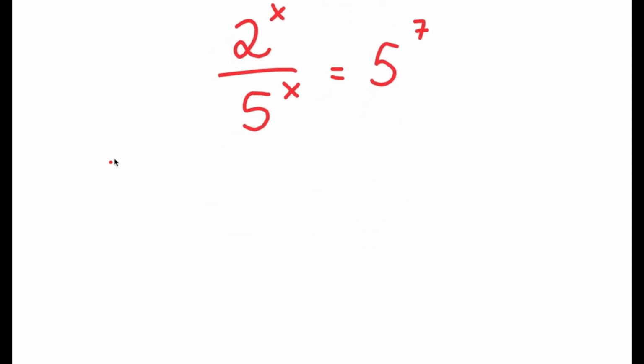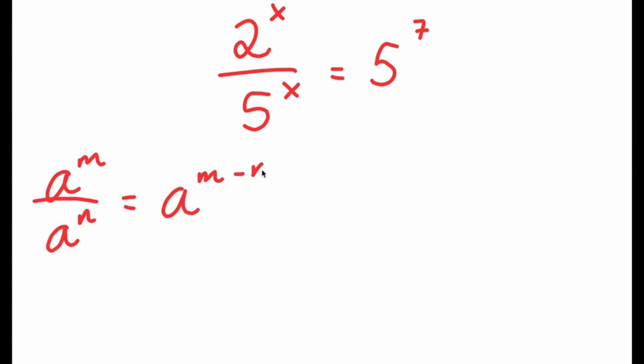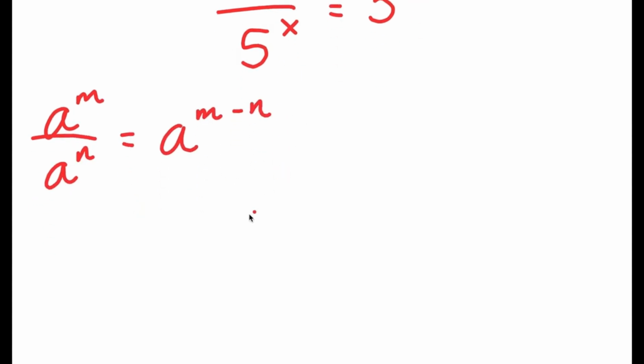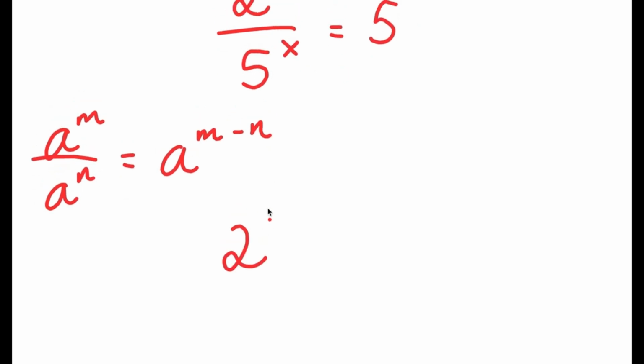Now from here, an important property of exponents is that if I have something in the form a to the power of m over a to the power of n, this is equal to a to the power of m minus n.